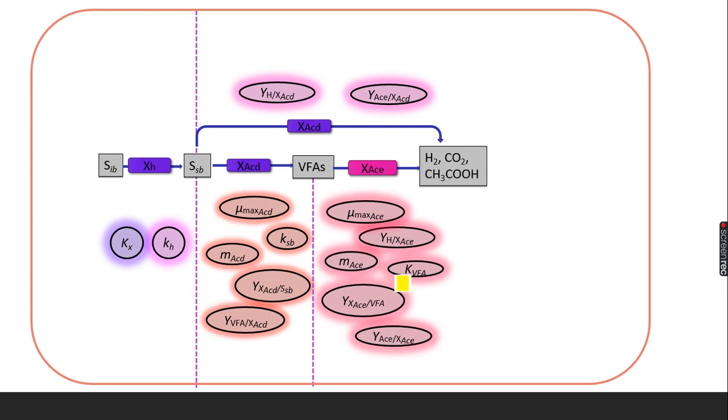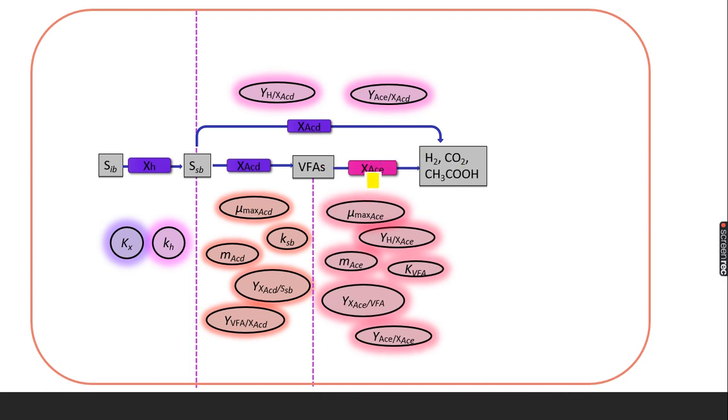Ace is acetate by biomass, VFA consumed by biomass. So this is the substrate consumption terminology, what the yield coefficient will say, and this is the product formation type yield coefficient. So six parameters will be involved.